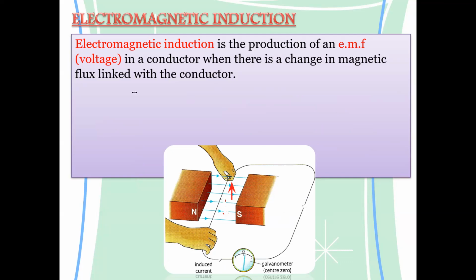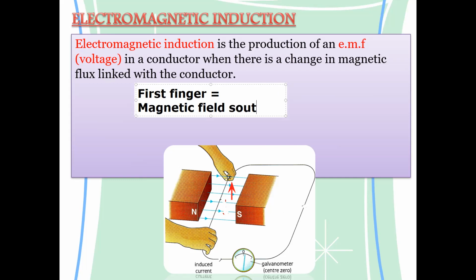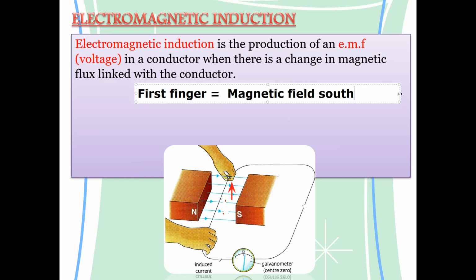So now your index finger, the first finger, which points towards the magnetic field or south of the magnetic field, should point towards south. In this example, it is towards the right hand side, so it should point towards the right hand side.